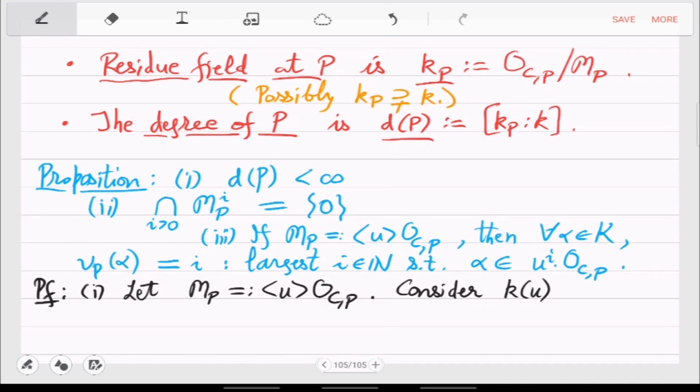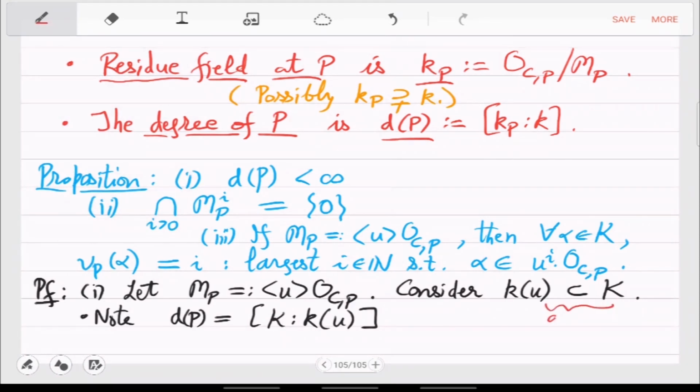Consider all the rational functions in u. So they are clearly contained in the big field, the transcendence degree 1 field. Now, what is the connection between the degree d_P and k(u)? The claim is that the degree is equal to the degree of this. This is an algebraic extension. Finite.